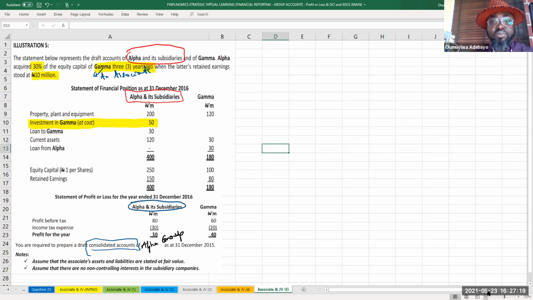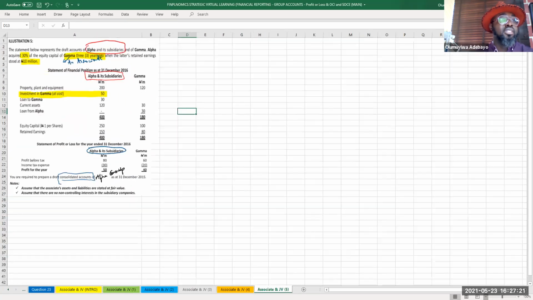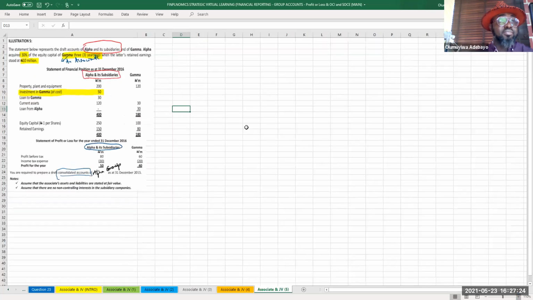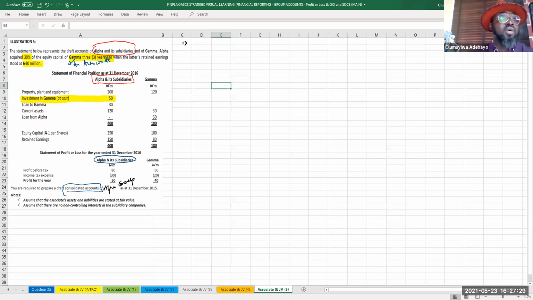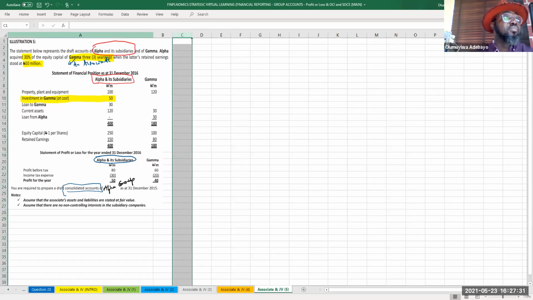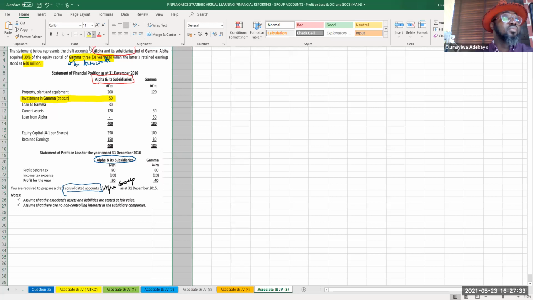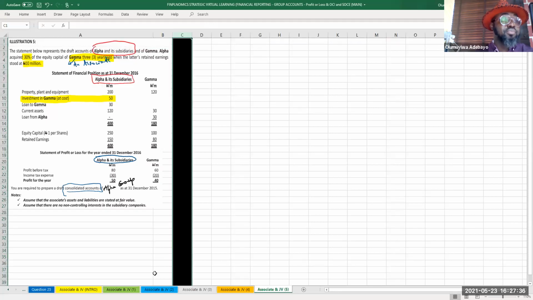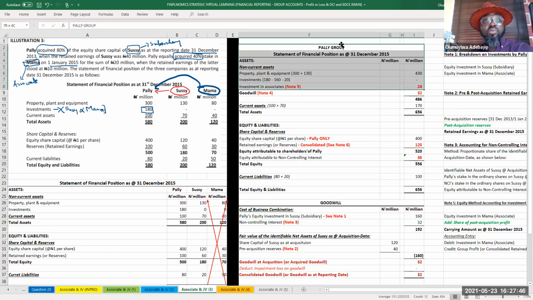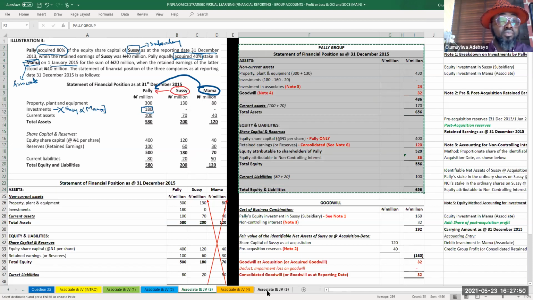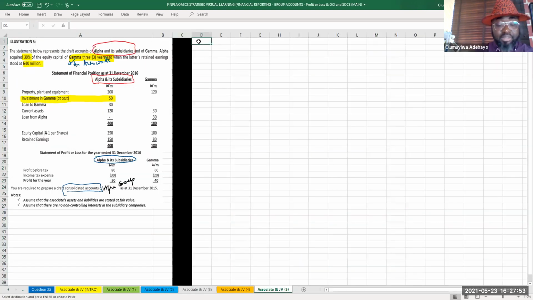And what then do we need to do? Is to try to reproduce the accounts. What can I do here? Let me borrow something from here to create my templates.